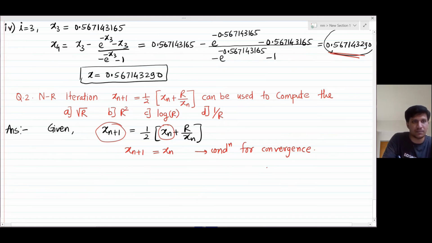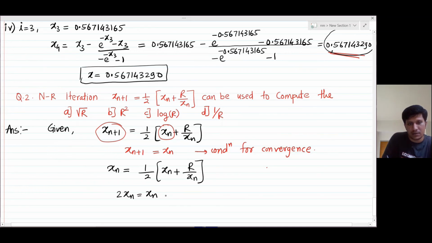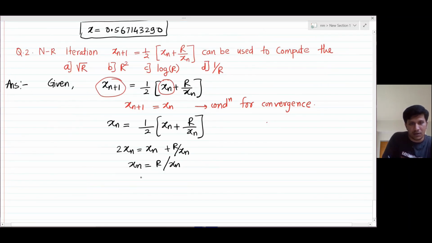We can put this condition in the above and calculate the answer. So let's see. Put xn plus 1 is equal to xn. So xn is equal to half of (xn plus r upon xn). 2xn is equal to xn plus r upon xn, which gives xn is equal to r upon xn, or xn squared is equal to r, so xn is equal to square root of r.